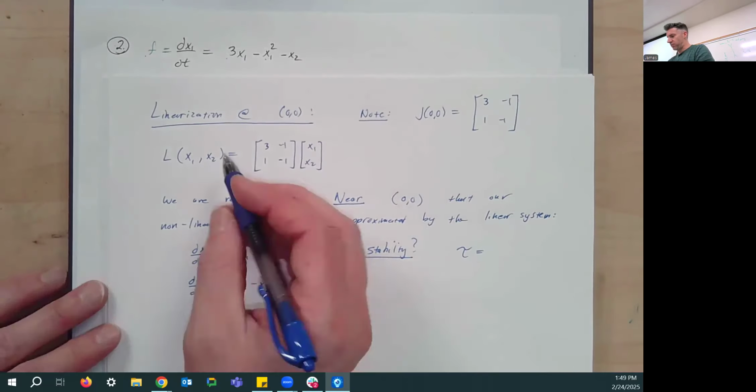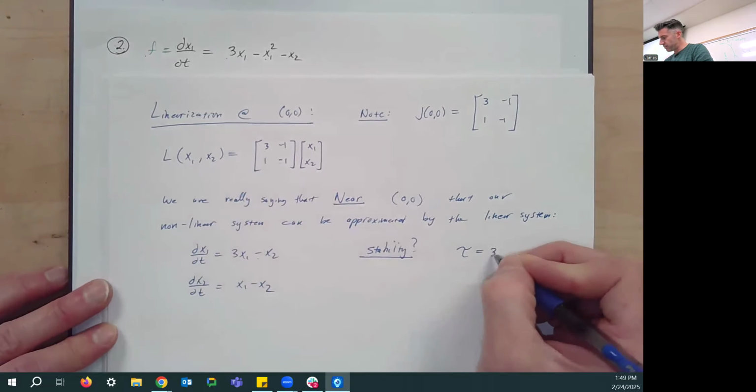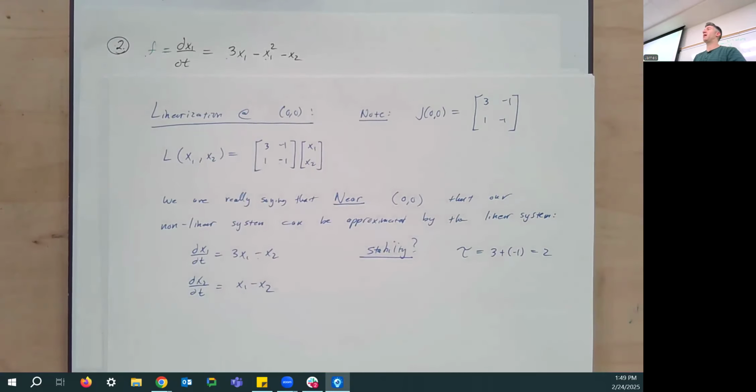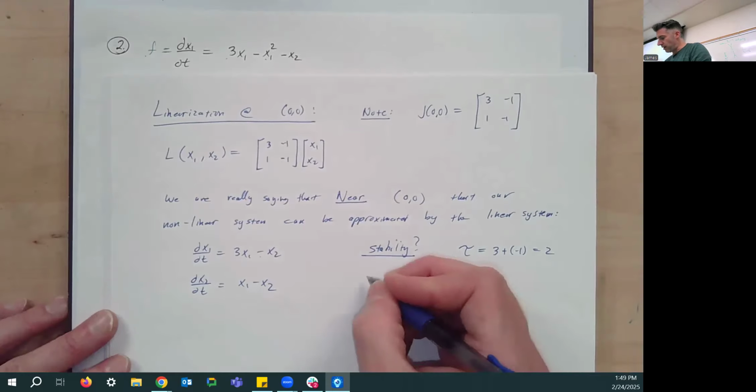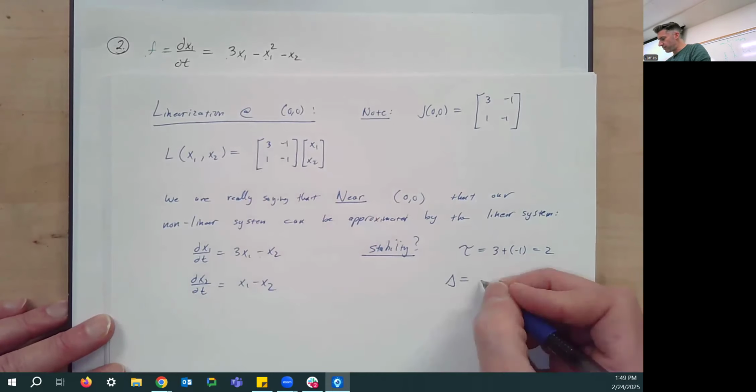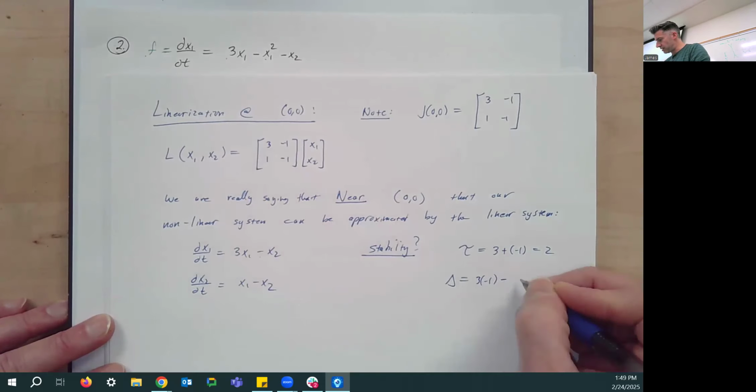The trace is 3 plus -1, which is 2. Which tells me that if it isn't a saddle, it's going to be unstable. Oh, there's a whole theorem about this. I totally forgot. There's a theorem in the book about how you don't really need to look at, yeah, I'll say it in a minute here. And then the determinant is going to be 3 times -1 minus -1 times 1, which is equal to -3 plus 1, which is -2.